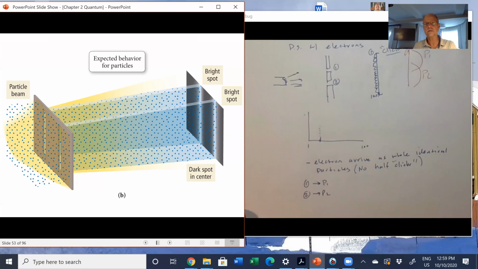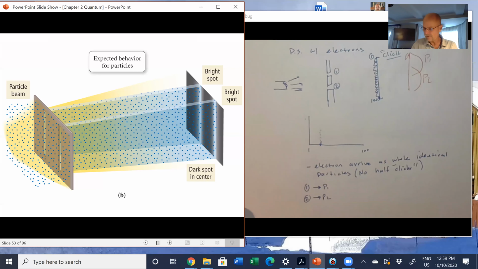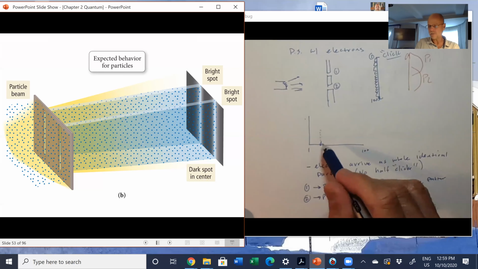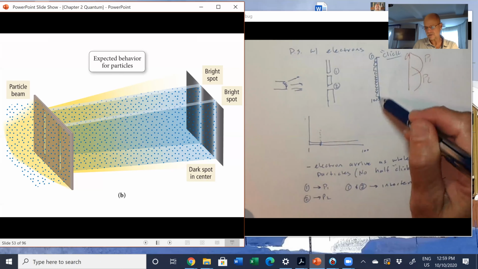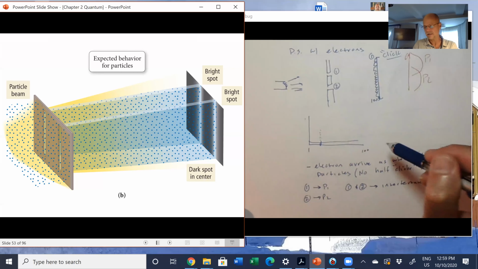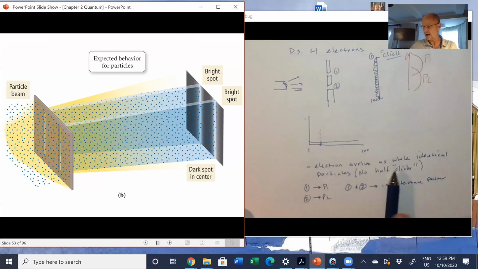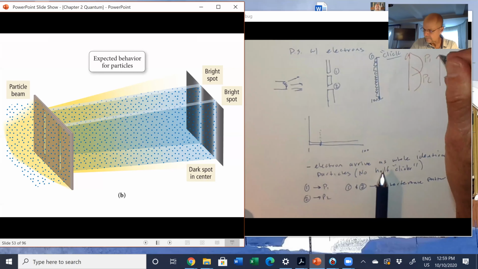But, and here's the strange thing, if you open both of them, you get an interference pattern, right? And that would all be read out on this graph, where each of these detectors are coming in and telling you how many electrons are hitting. So you can read it on this graph, but it would look very much like we saw before with light, right?